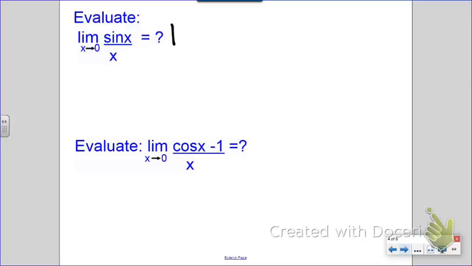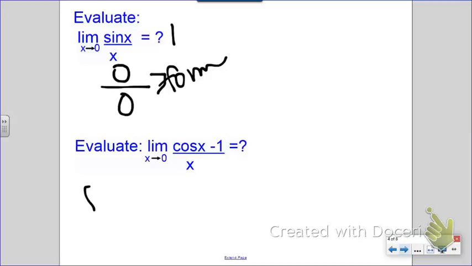Let's do another one that we had to solve graphically before: the limit as x approaches 0 of cosine of x minus 1, all over x. Again, if we plug in 0, the indeterminate form would be 0 over 0. Same with this one: 1 minus 1 is 0 over 0. So we know that we can use L'Hopital's rule to help us solve it.